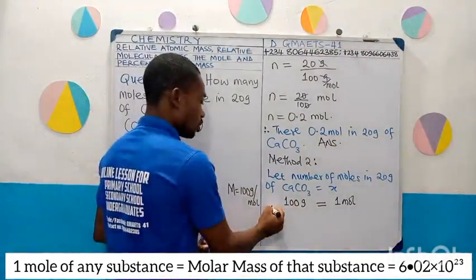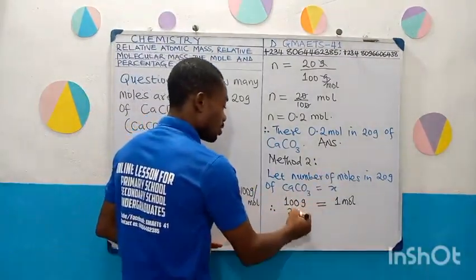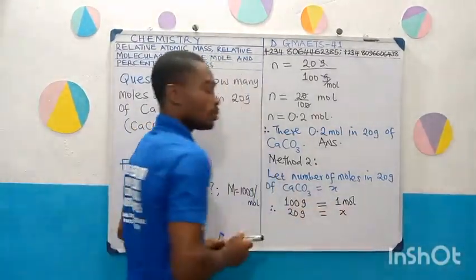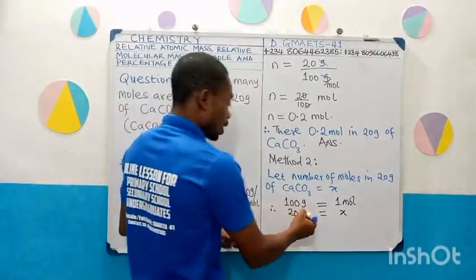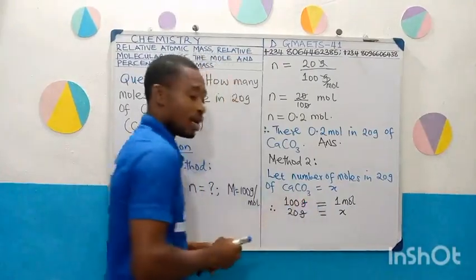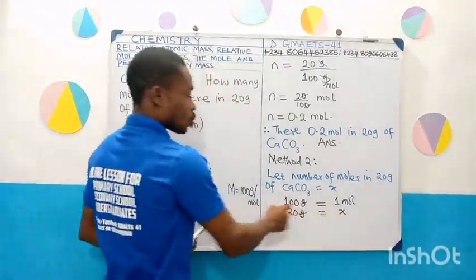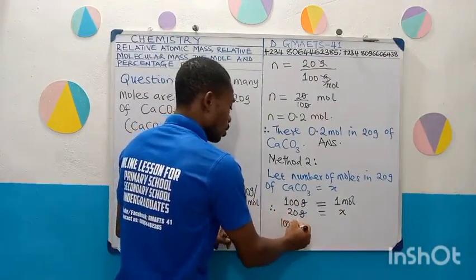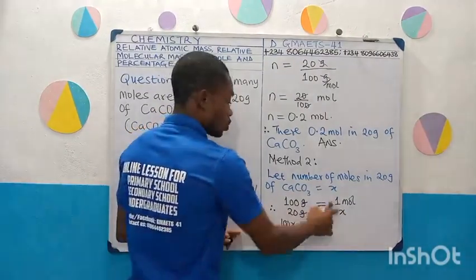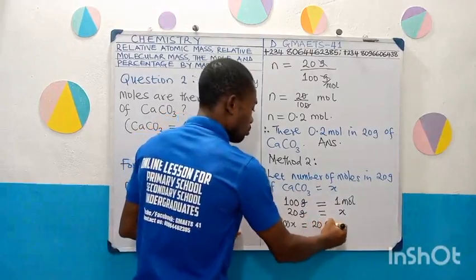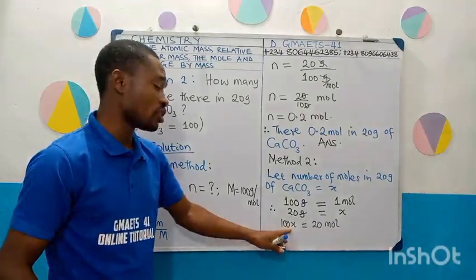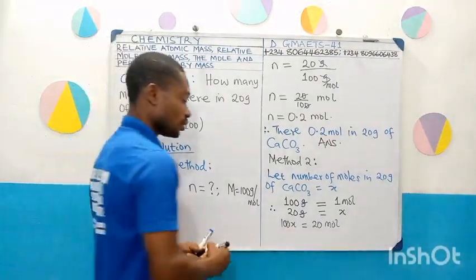Therefore, the question gave me 20 grams, which will contain how many moles? I don't know. The grams will cancel out, and then you cross multiply. X times 100 will give us 100x. 100x will now be 20 times 1 mole, which gives us 20 moles. Now I'm looking for x, so I'll divide both sides by the coefficient of x, which is 100.